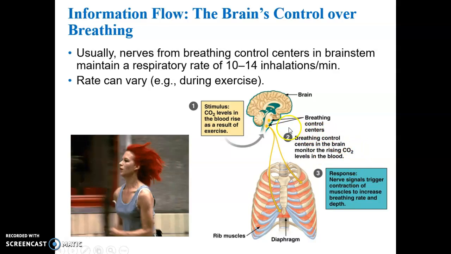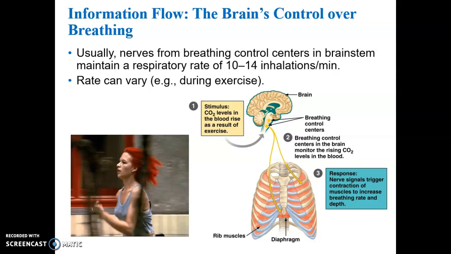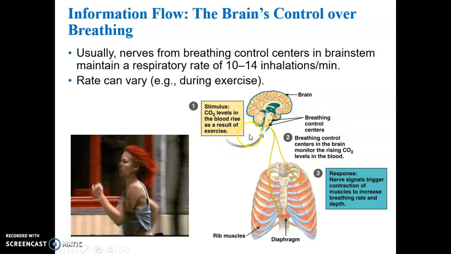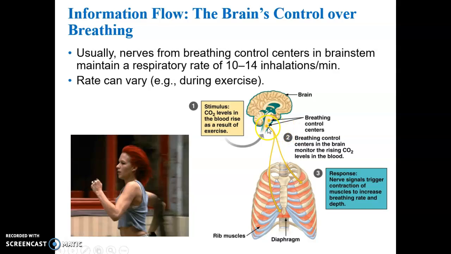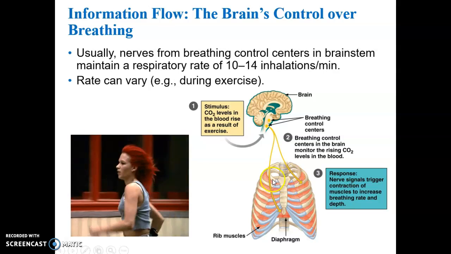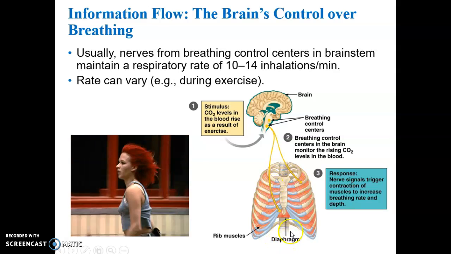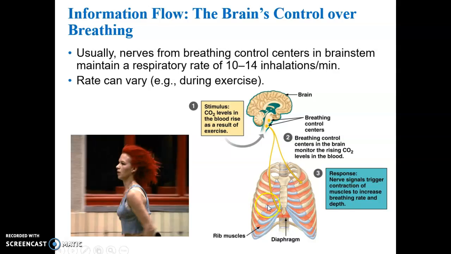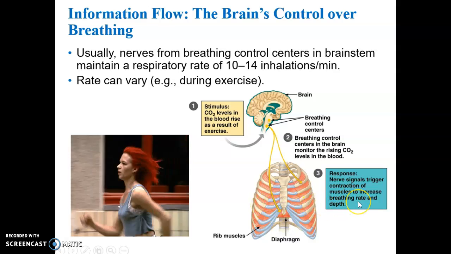and that signal is sent to the breathing control centers in the brainstem, which send signals to the muscles of the ribs and the diaphragm to contract faster and more forcefully to increase the breathing rate.